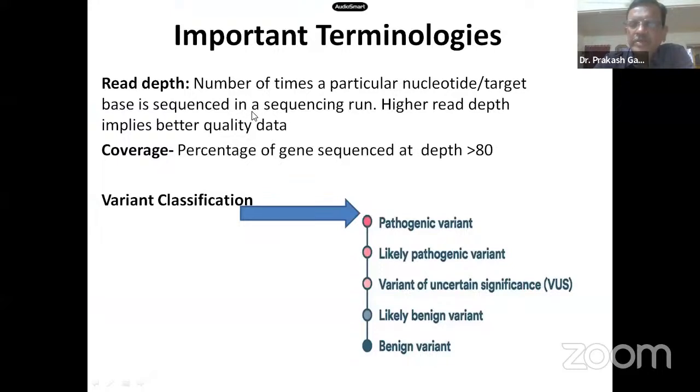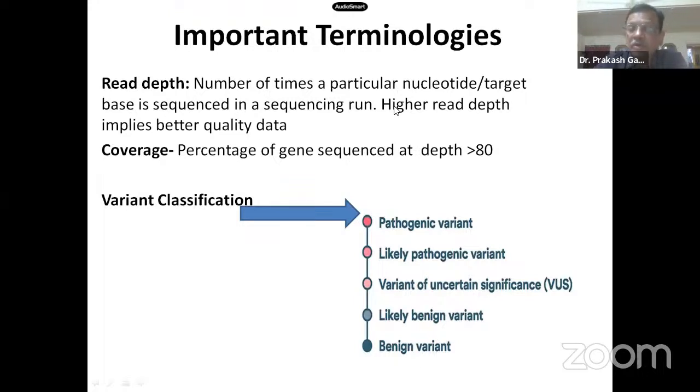If the sequence is read many times, and you are getting the same change in those reads, that means the read depth is good. But if it is shallow depth, for example, if the sequence is being read only 20 times, and you get some change 2 times, then that may not be a valid change. But if you get it say 70, 80 times in 80 reads, then the read is very good.